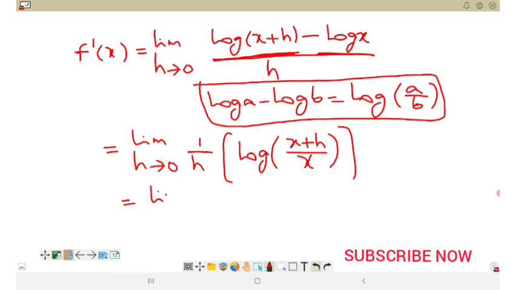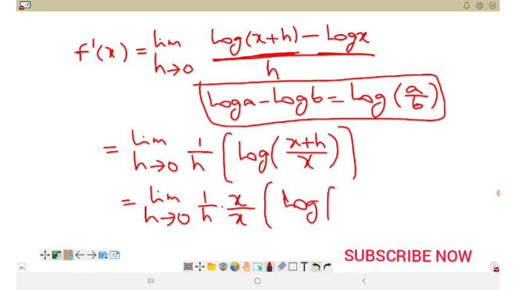So limit h tends to 0, 1 by h into log of (x plus h) by x.